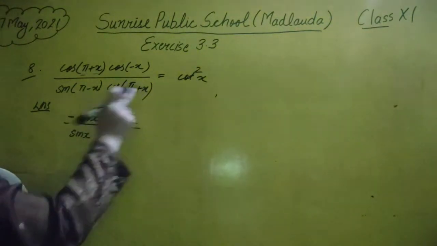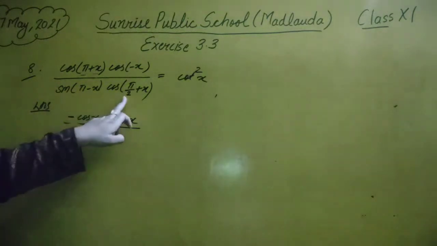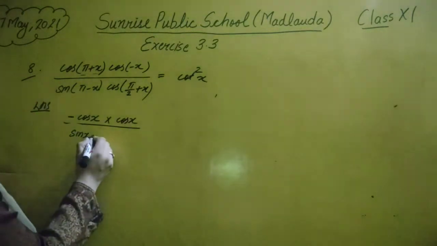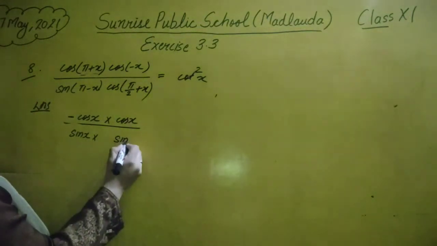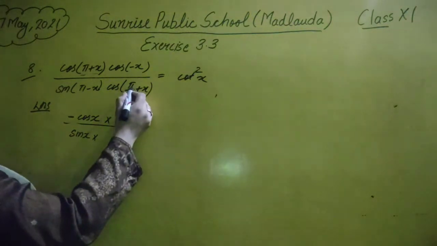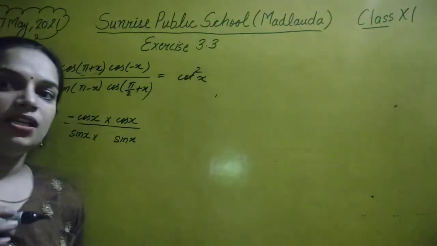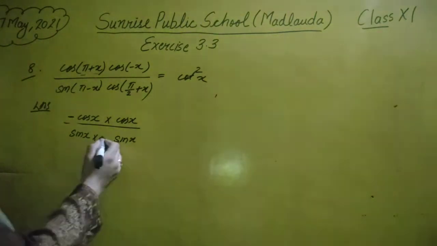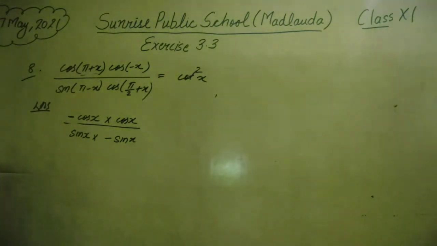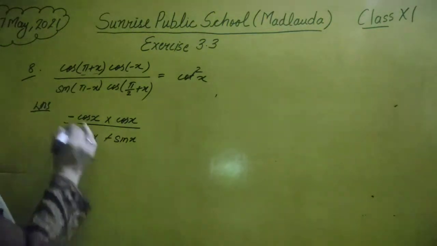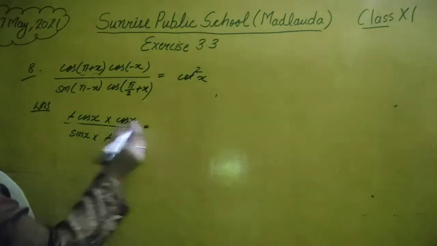And there is cos of pi by 2 plus x. At pi by 2 the trigonometric ratio will change, meaning cos will convert into sin. When x is added to pi by 2, we enter the second quadrant, and in the second quadrant cos is negative, so it will be minus sin x. Now minus and minus will cancel out.